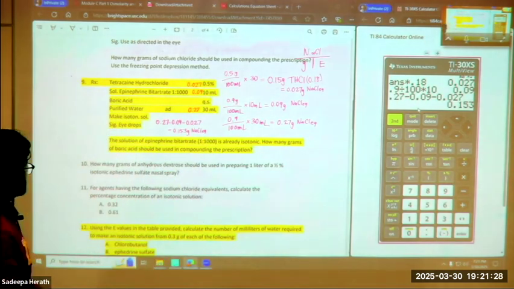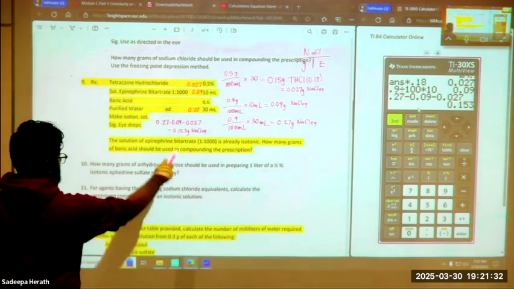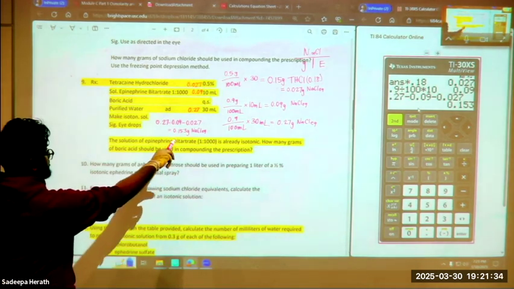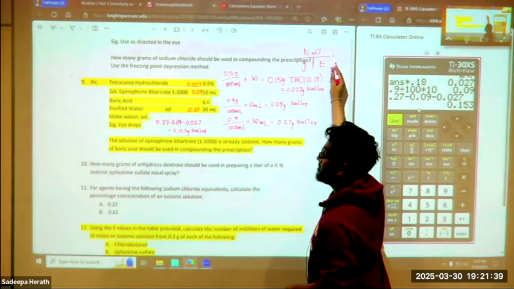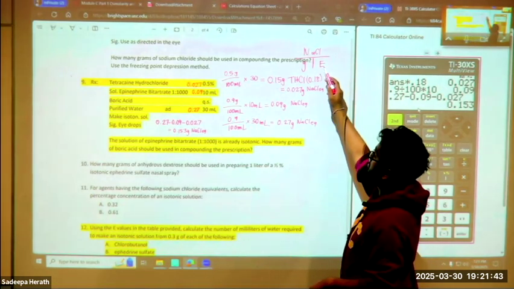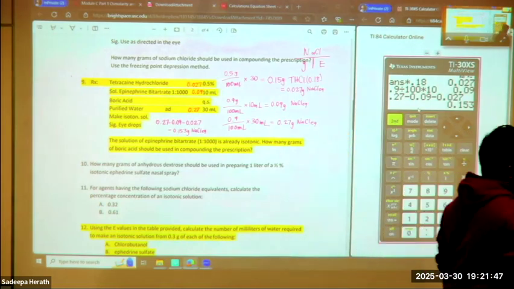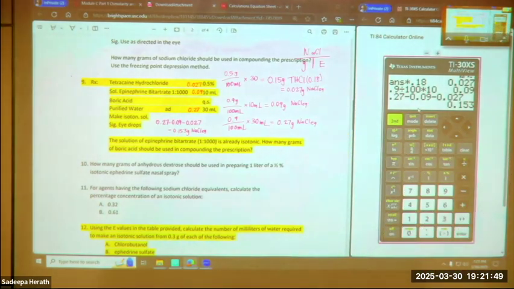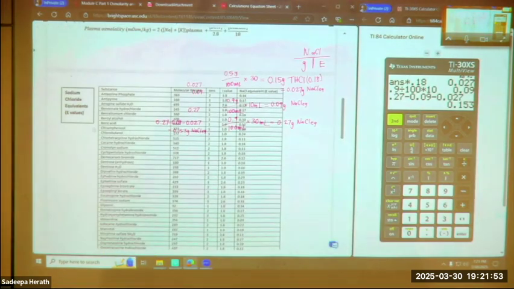But now they're asking how many grams of boric acid specifically, right? So this is the equivalent of NaCl to boric acid. So that's this guy at the top. Now we need to use our E value to convert it back to boric acid. So we find that E value for boric acid, and it is 0.52.